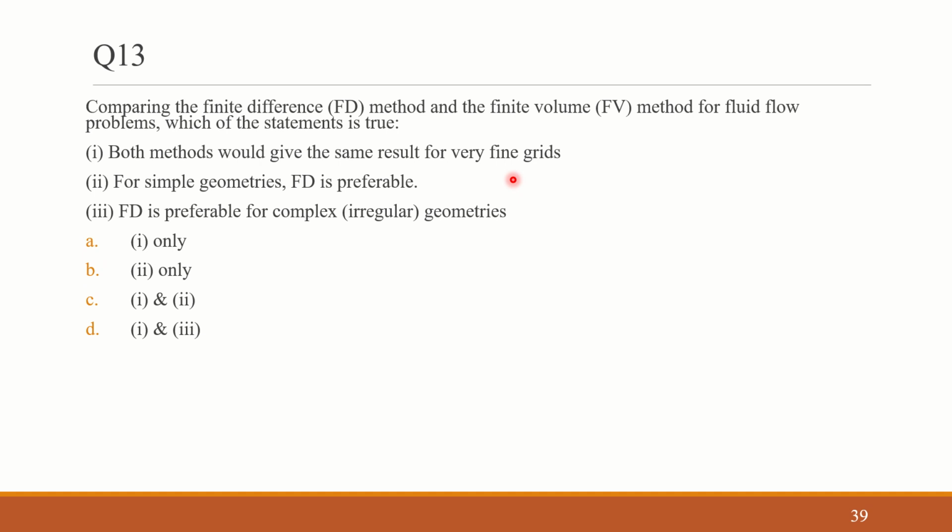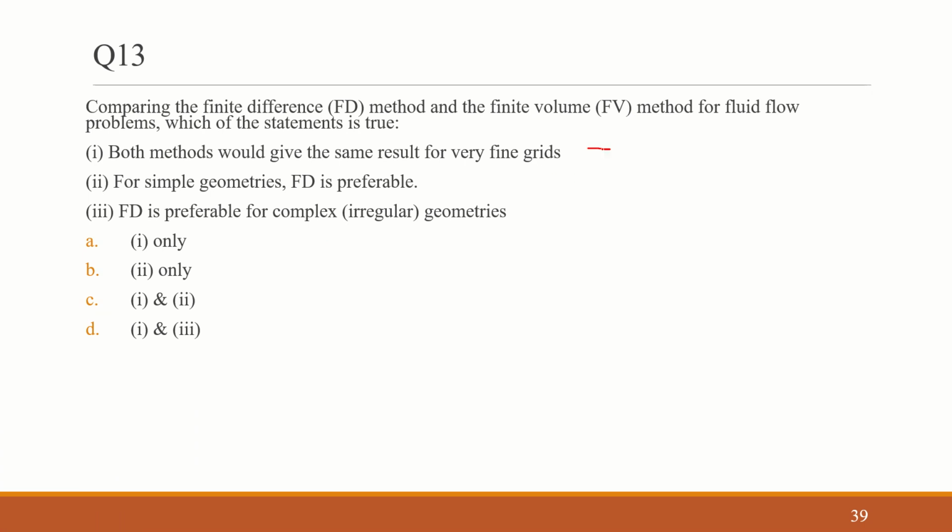So, what is the question? It is a comparison between the finite difference approach and the finite volume approach. There are 3 statements given. We'll read over the statements and analyze which of them are true. Both the methods would give the same results for fine grids.